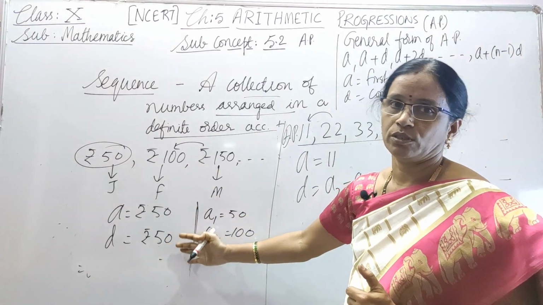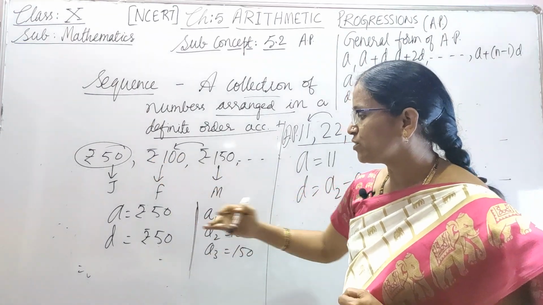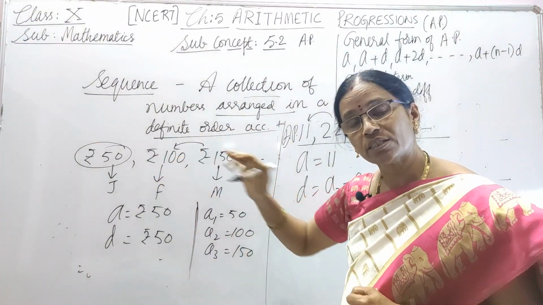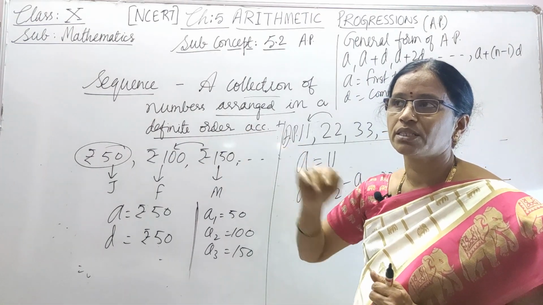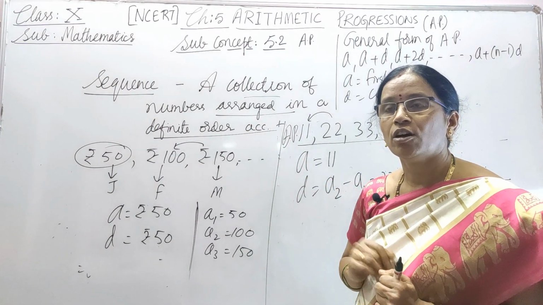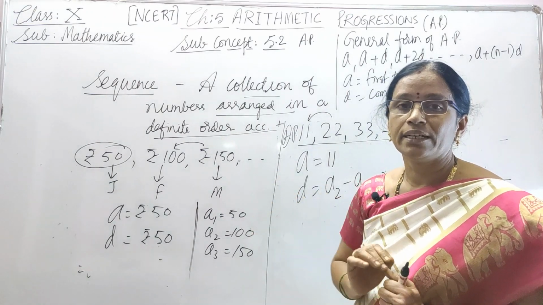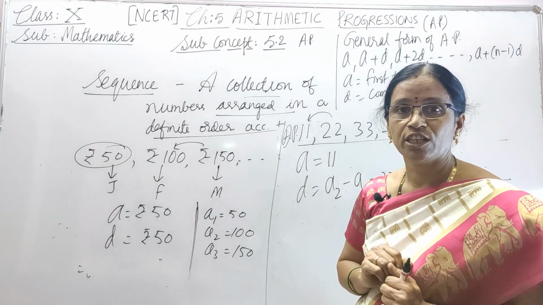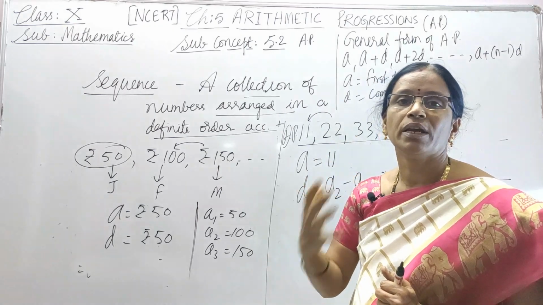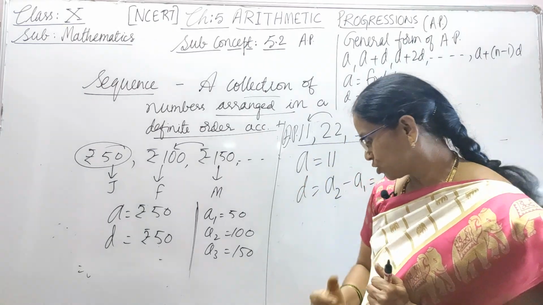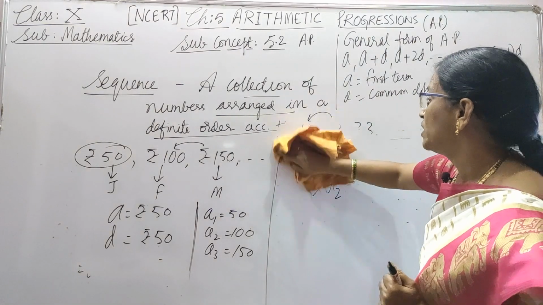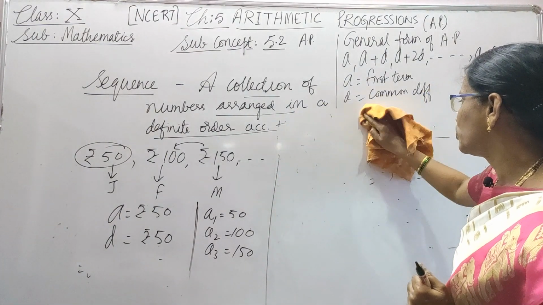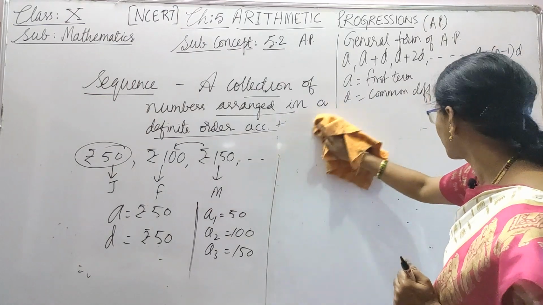You may get a doubt. A2 minus A1 is 50. A3 minus A2 is 50. But what is the guarantee that A10 minus A9 is 50 or not? What is the guarantee that A100 minus A99 is 50 or not? That kind of doubts may arise in your mind. So there is a procedure to check whether the given sequence is an arithmetic progression or not.